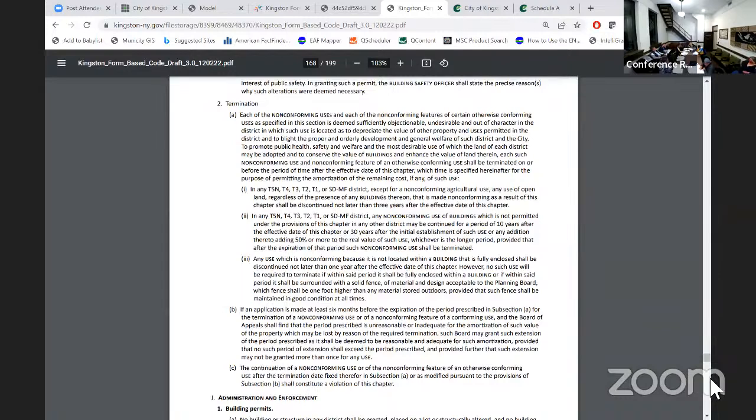I mean, legally, how do you make them go away? Say, I'm sorry, you have a multifamily home project, and then it becomes non-conforming. Sorry, you have to cease and desist in so many years?